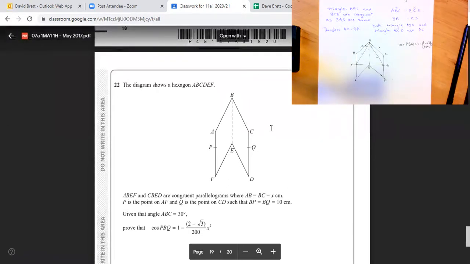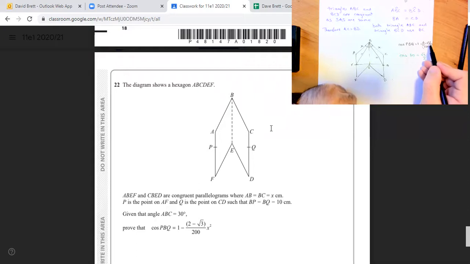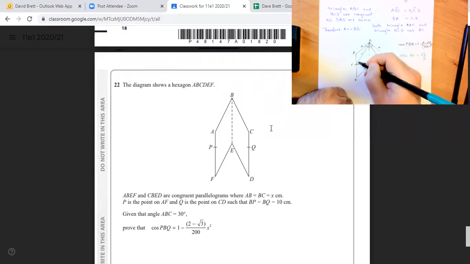Right, so what can I see at the moment? It tells us that angle ABC is 30, and I know that cos 30 is root 3 over 2. So I'm presuming that's going to help me at some point, probably why I've got this root 3 here. So it wants us to find cos of PBQ.